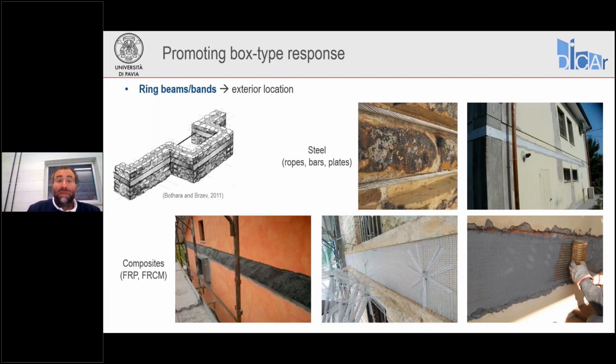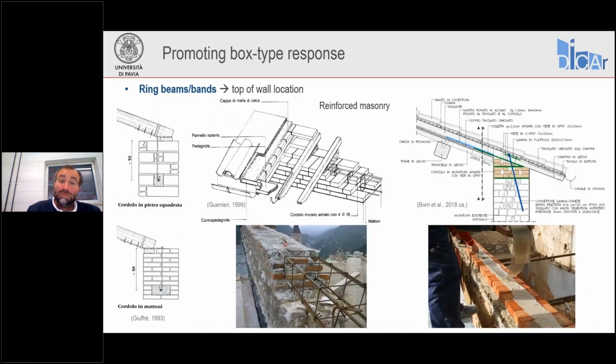In this case, the ring beam serves only as reinforcement for the masonry to resist tension for chord and collector action. In this case, they don't help transferring the dowel and tie forces into the diaphragm, of course, because these elements located outside are not in contact with the diaphragm itself.